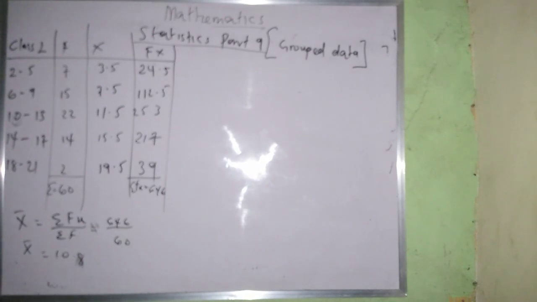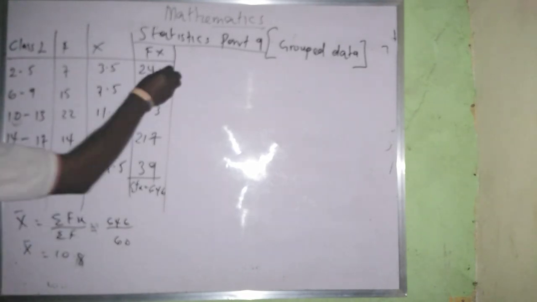Now successfully I have my mean equals 10.8. To achieve my variance, I have to move on to variation.